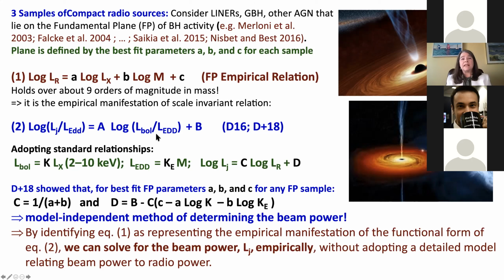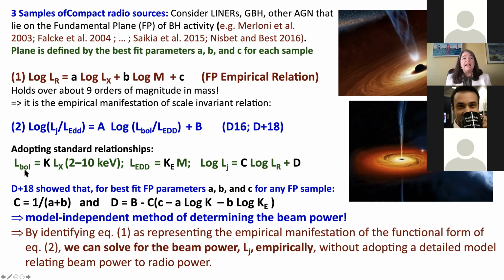It extends over 9 orders of magnitude in mass, indicating that it's mass scale invariant. So the simplest similar equation that can be written down in mass scale invariant form is equation 2, which in fact has a functional form just like the one I found in 2016 for the FR2 sources. So we're now going from 3 parameters to 2 parameters. So it's the beam power in Eddington units and the bolometric disk luminosity in Eddington units, and relating them as basically a line in log space.